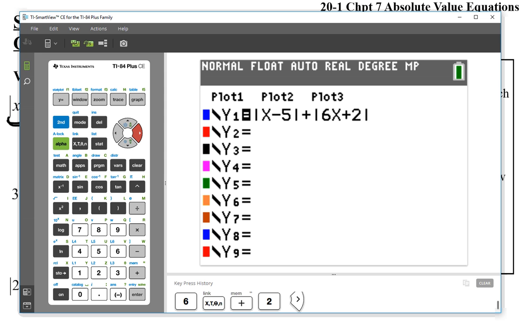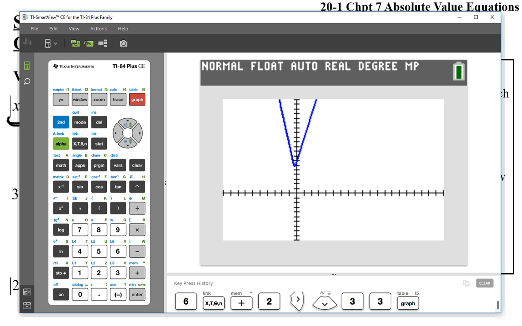Leave that. There's our first graph. And the second graph, the right side, is just 33, which will just be a straight horizontal line at 33. So we want to graph those two things.